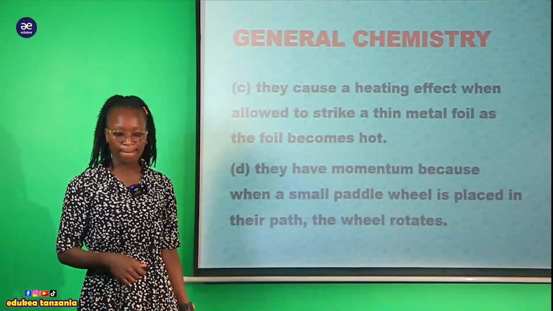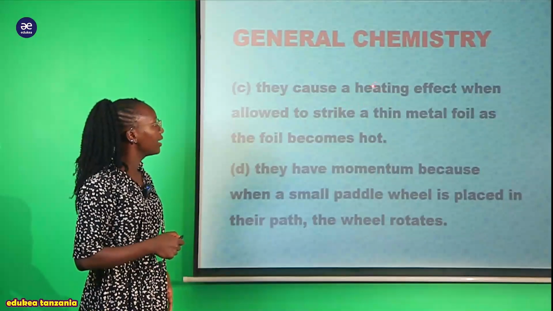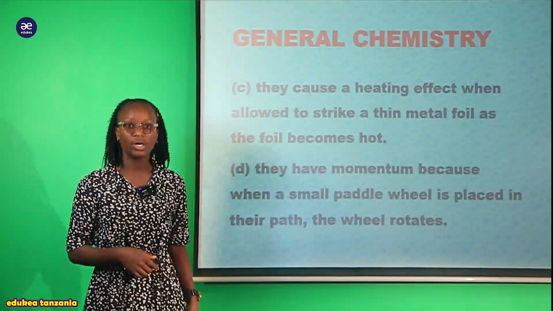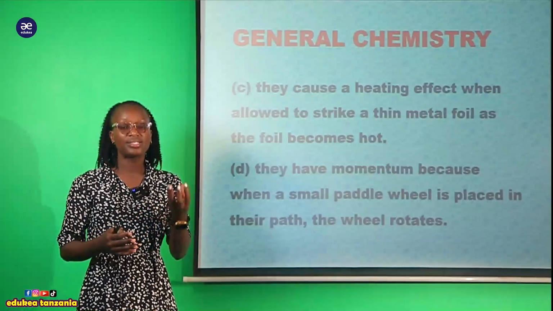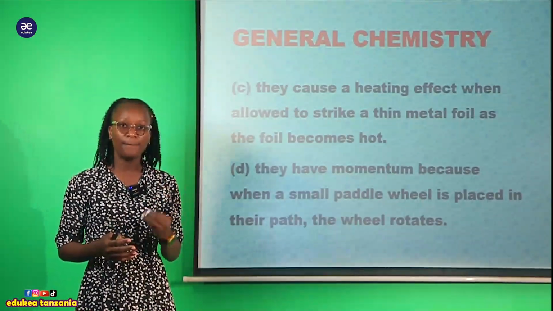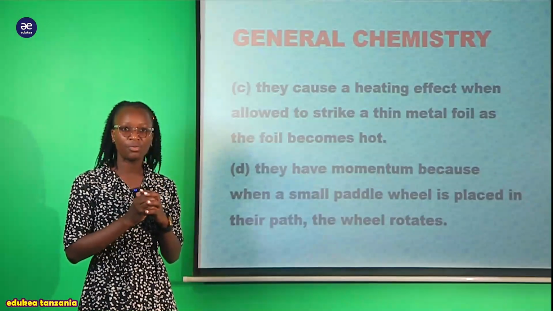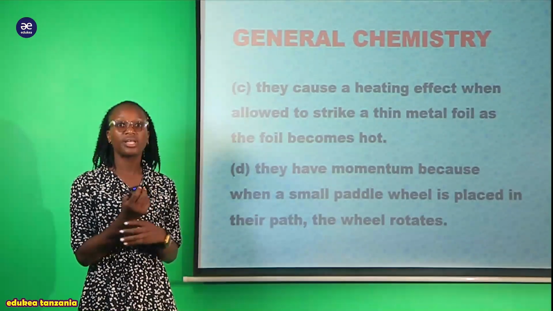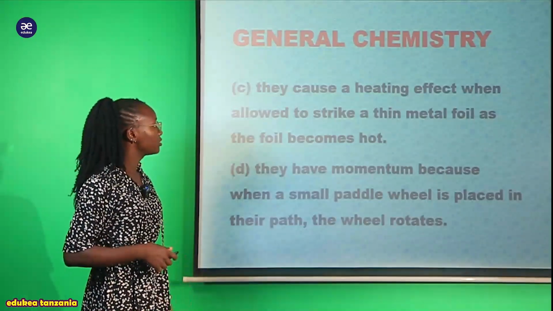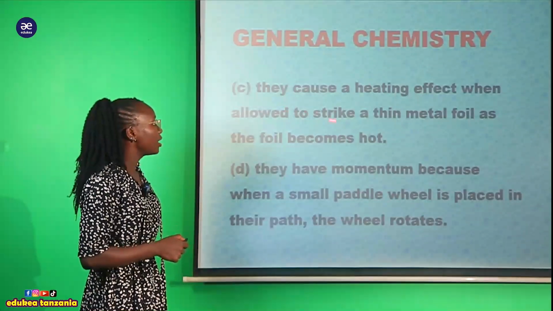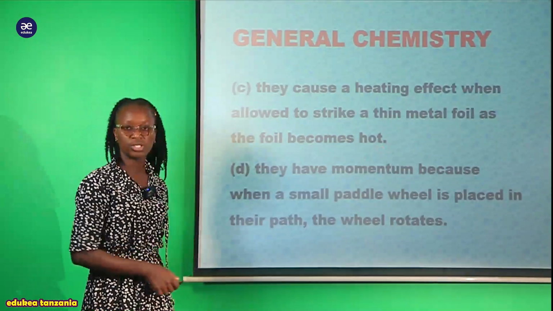But another property of cathode rays is that they cause a heating effect. When we talk about heating effect, it means inasababisha ile kitu kinapatwa moto. Kama ushaona ile kwamba unakuta kitu kinapita kwenye sehemu fulani, afu at the same time unaona kitu kama cha moto. So that is what these rays cause toward the solid object. So they cause a heating effect when allowed to strike a thin metal foil and the foil becomes hot.